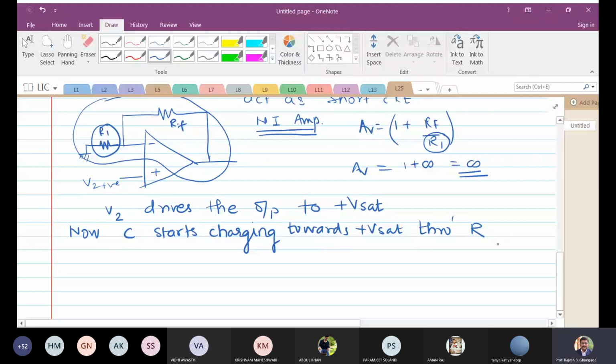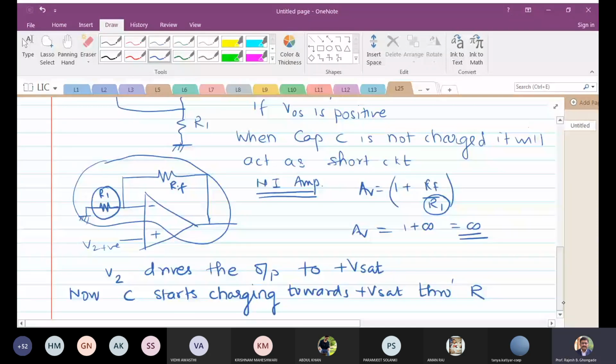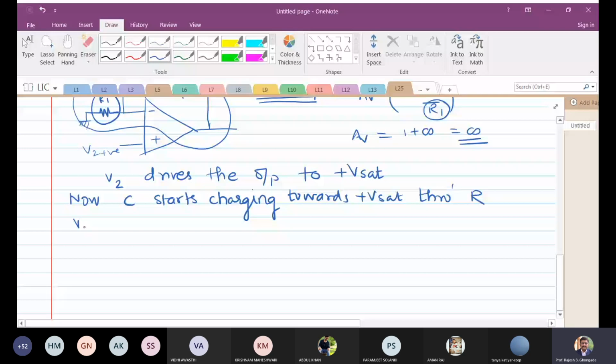So now what will happen? Voltage across the capacitor has started rising. So Vc starts rising, which simply means that V1 is also rising, isn't it?